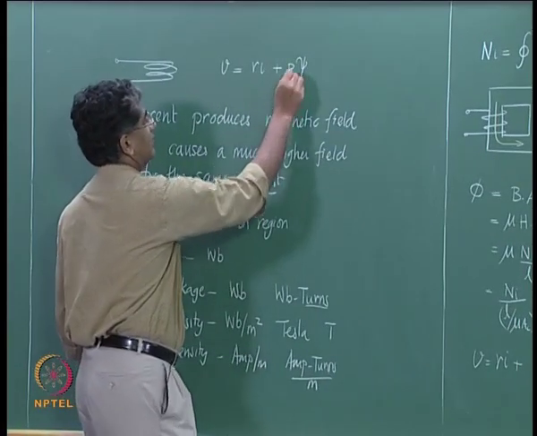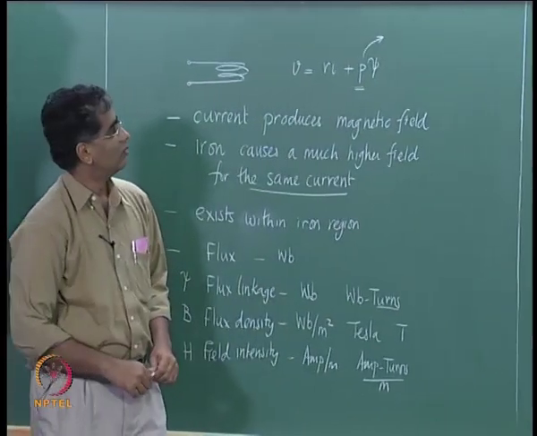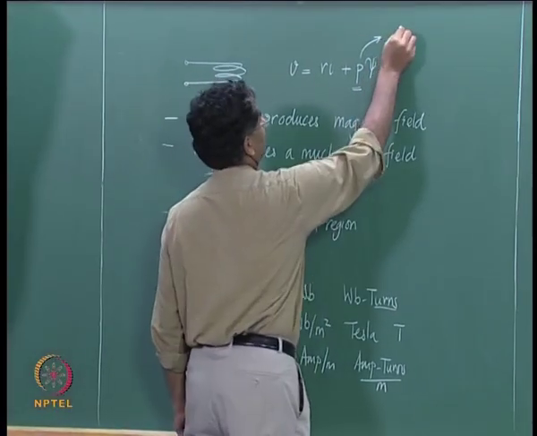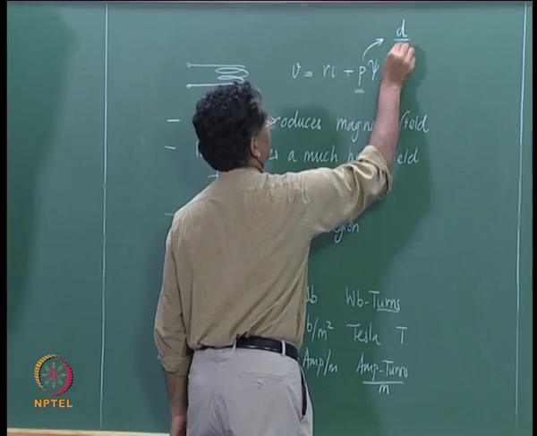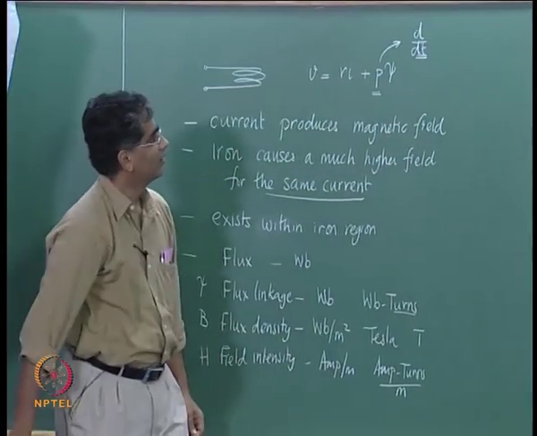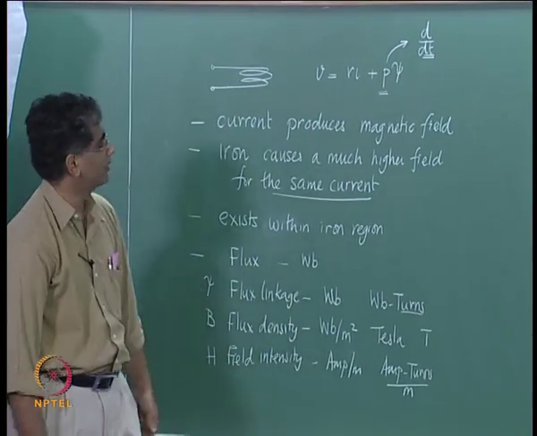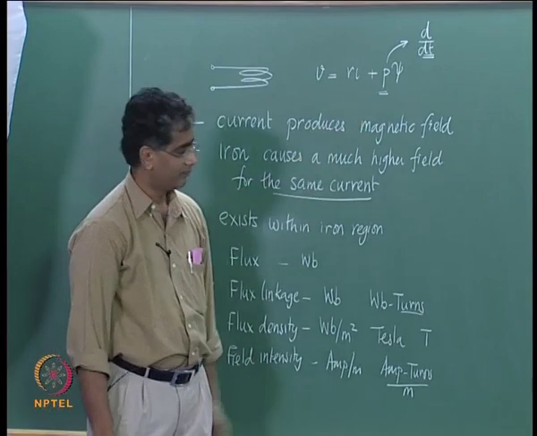This term P is an operator which symbolizes the operation of differentiation with respect to time. It is an operator. That symbol we did not use last class, so now I am introducing this. We will be frequently using this symbol P.